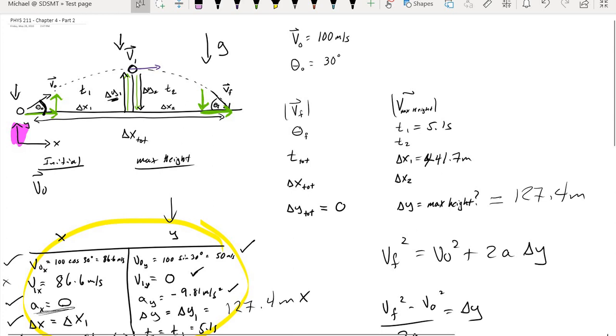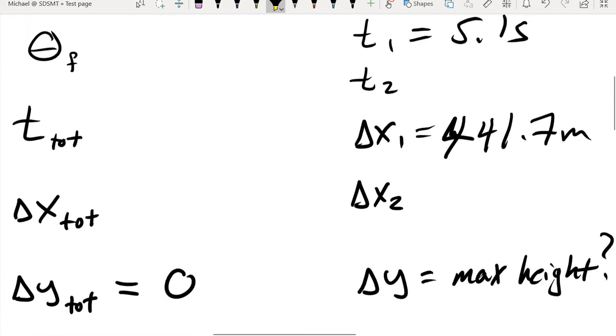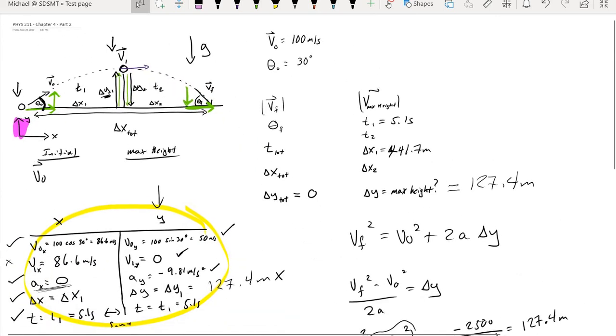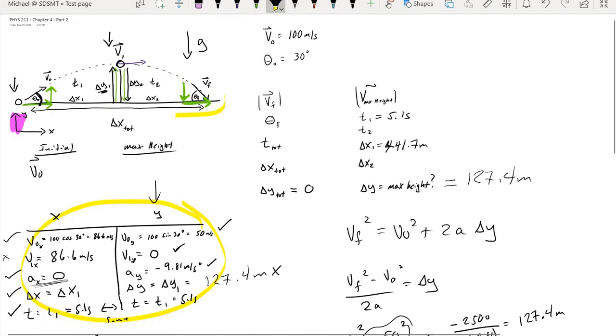And I have a choice to make now. A lot of the other values that we've been asked to solve for over here are going to occur over here at the final impact site. The total time, the total displacement, the final velocity with its components.